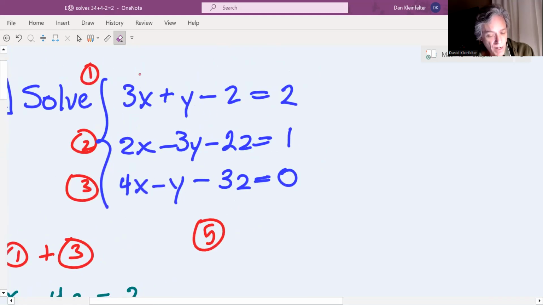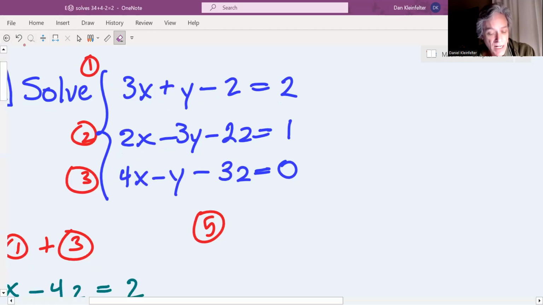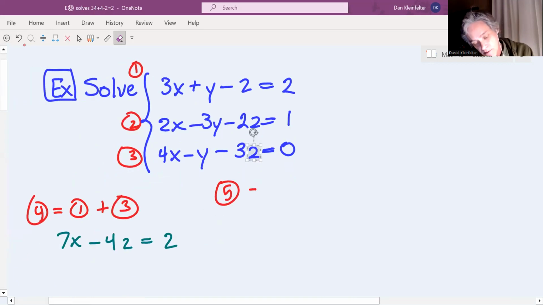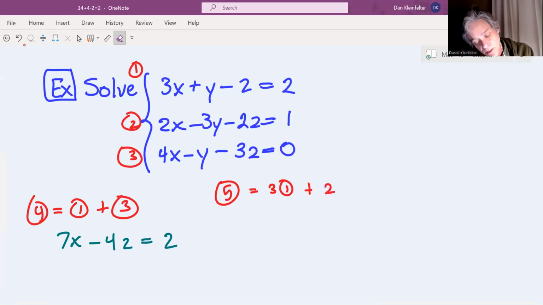So negative 3y, if I use the top equation, at least that's opposite in sign. If I just added those two together, the y's would not be eliminated. It would be helpful if this were 3y instead, but it isn't. But what we can do is multiply equation 1 by 3 and add it to equation 2. If I multiply equation 1 by 3, that's going to create that situation where the y's have opposite coefficients.